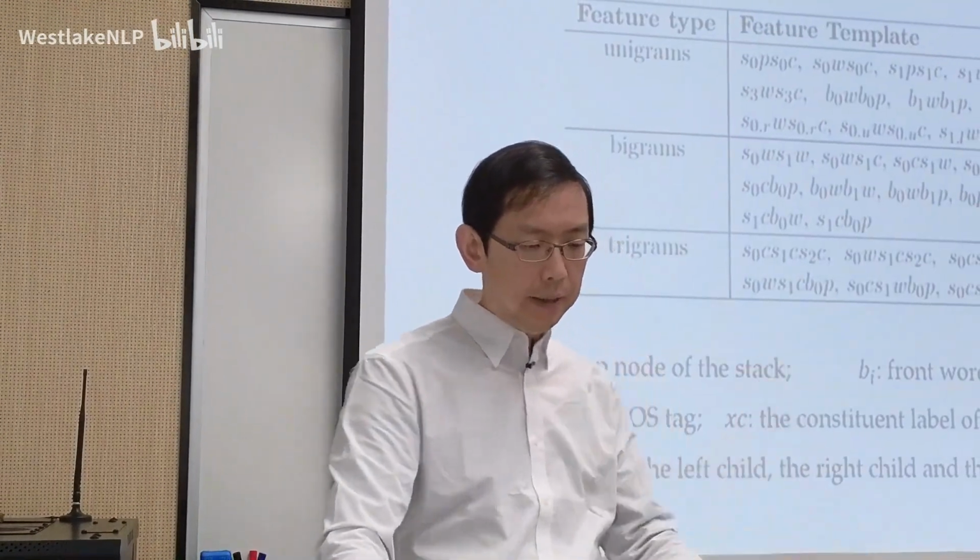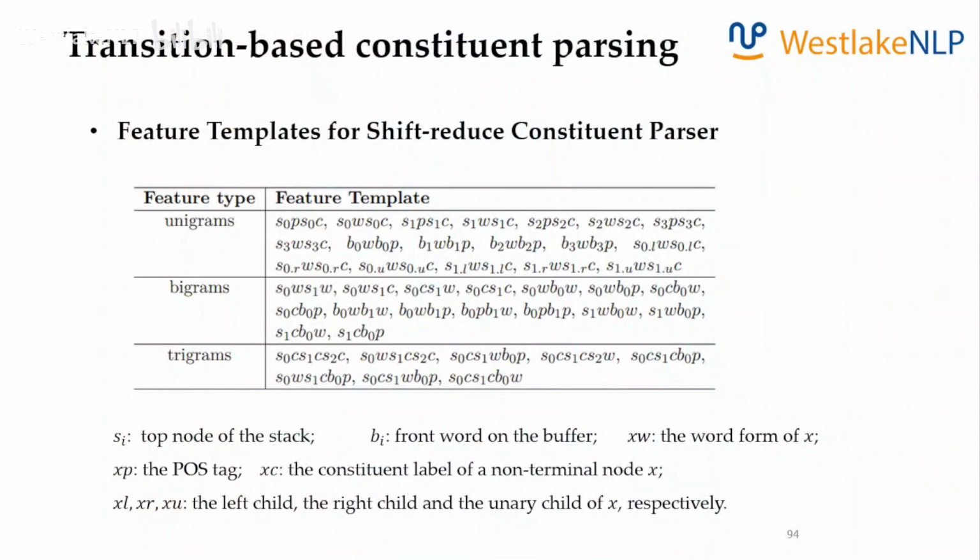The current slide shows you a state which contains the stack sigma and a buffer beta. What we want to do is extract a lot of patterns from the current state so that we can decide what next action to take.